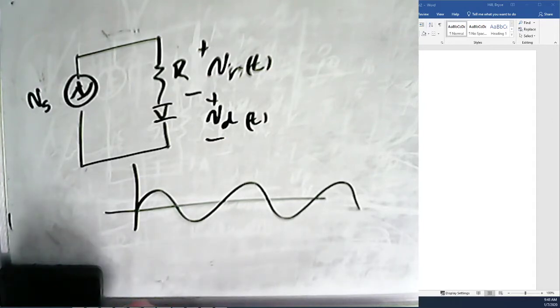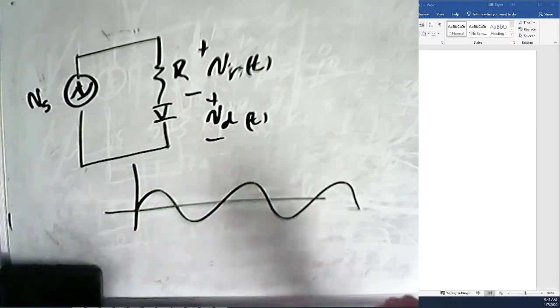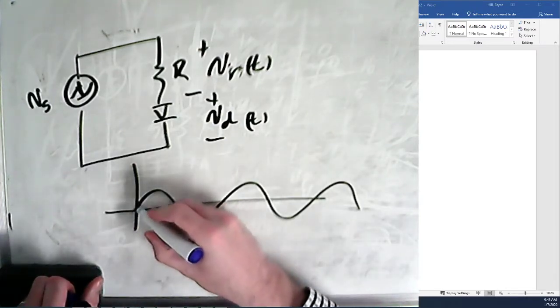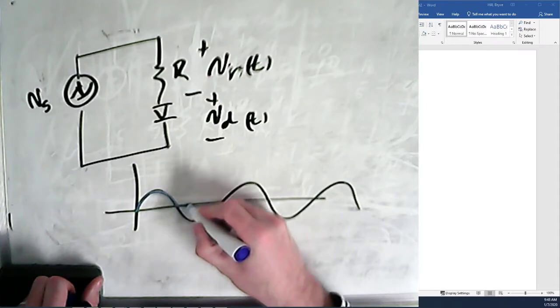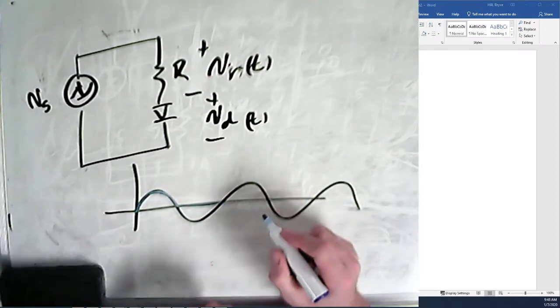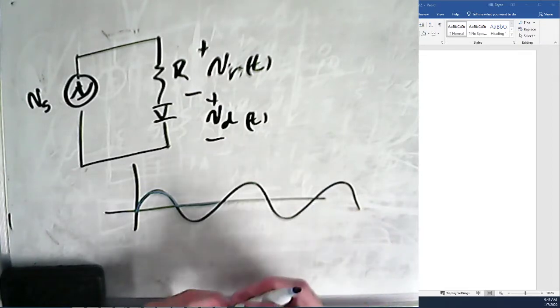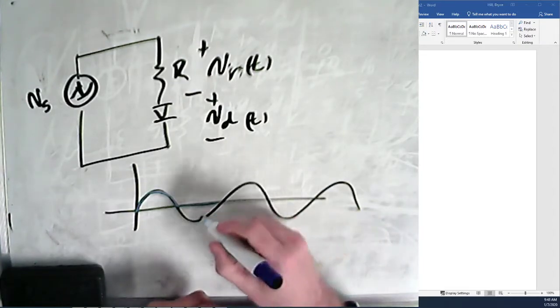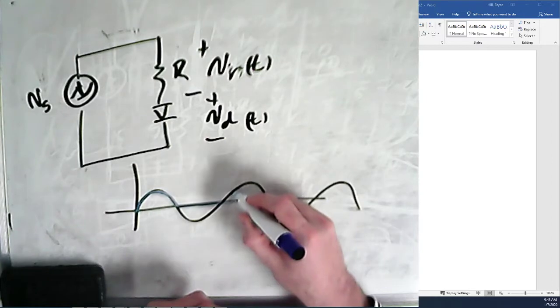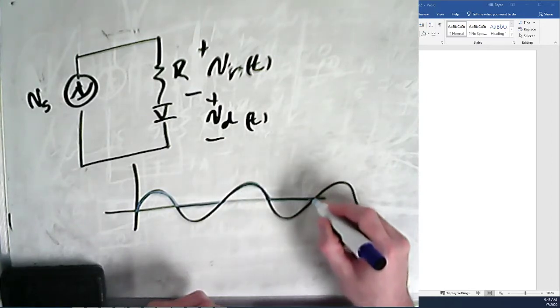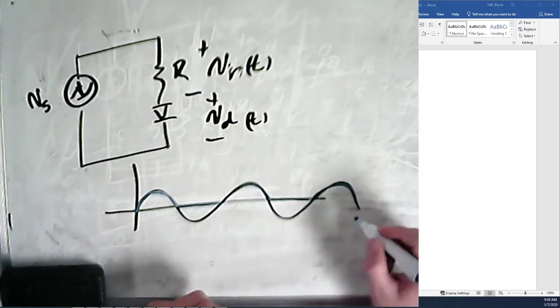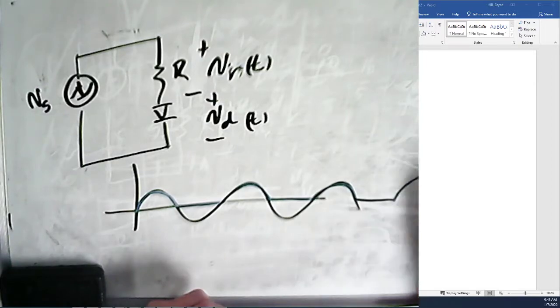And so if we look at Vr of t, it should match perfectly, but then it'll be open circuited in the reverse bias, and it'll flatline during that period, and then it'll pop up. Okay, and it'll continue to do that.